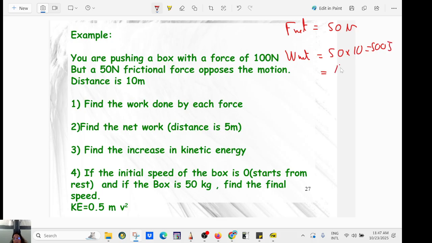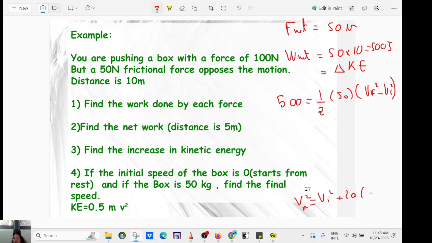According to the theorem, that will be equal to the change in kinetic energy. So the 500 joules equals 1/2 the mass, which is 50, times final speed squared minus initial speed squared. You can do that too with kinematics, right? The final squared equals initial squared plus 2 times a delta x.